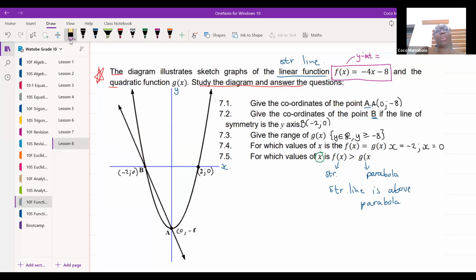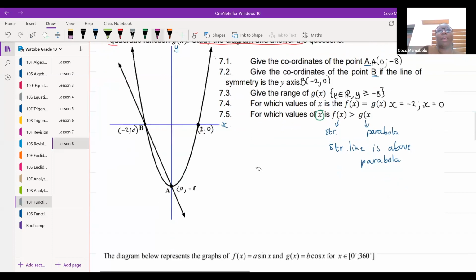Let me ask the same question over here. Okay, here is my parabola, and here is my straight line graph. Which one sits above? Good.